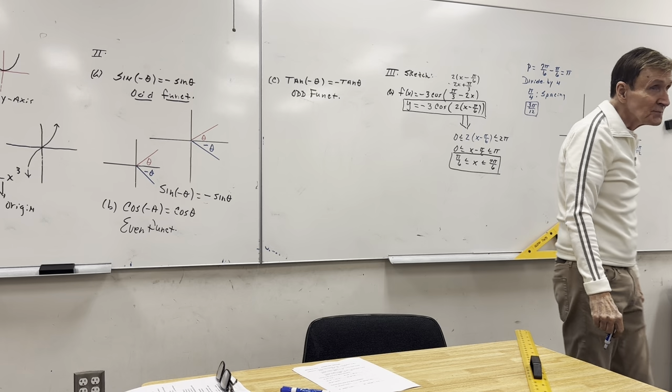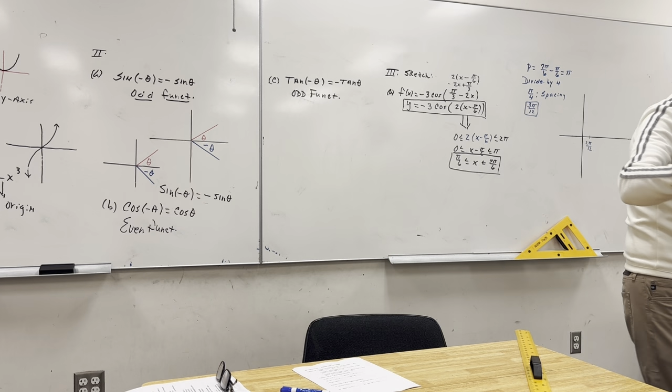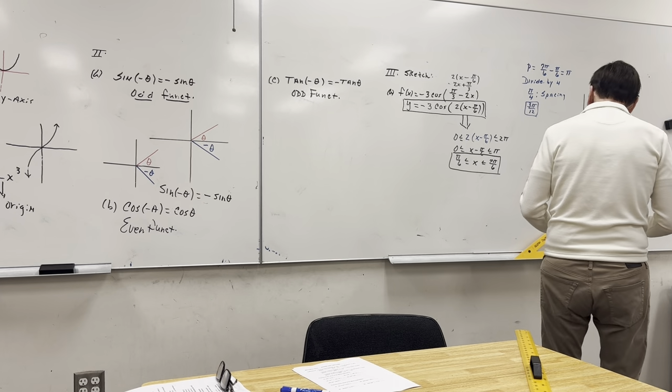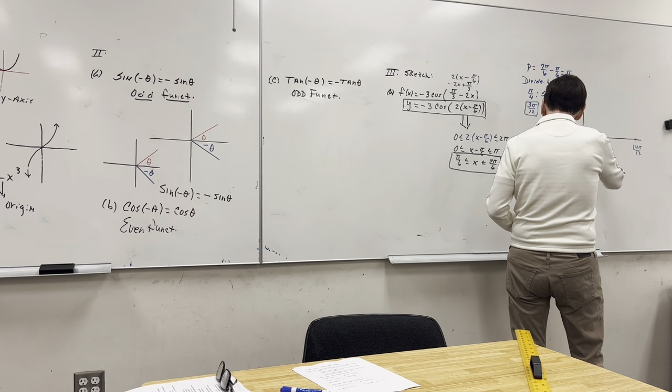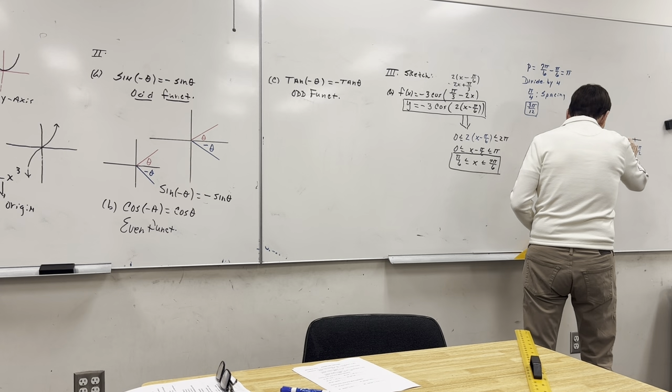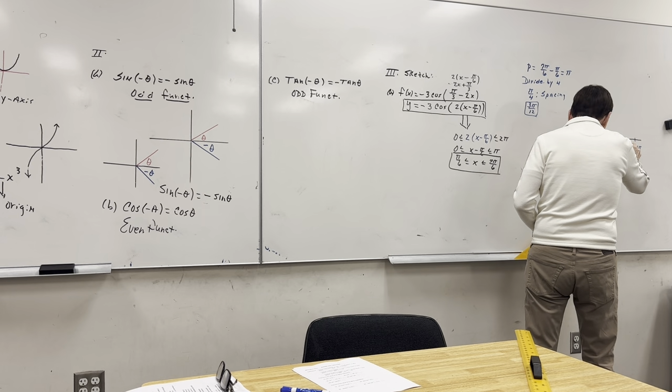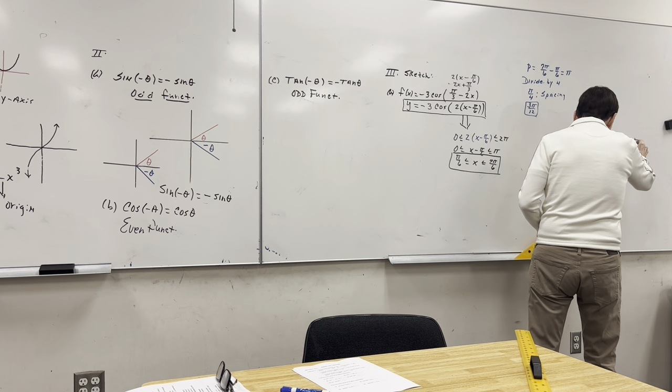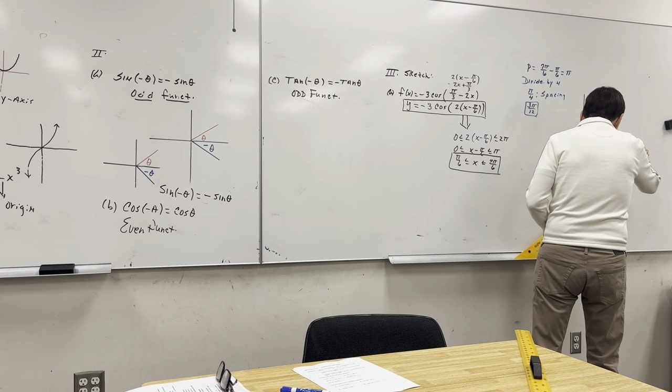Yes or no? Now everything's in terms of 12. That means I'm spacing by 3 pi over 12, so if I go at 2 pi over 12 in the beginning, add 3 pi, I'm at 5 pi over 12. 3 more, 8 pi over 12. 3 more, 11 pi over 12.